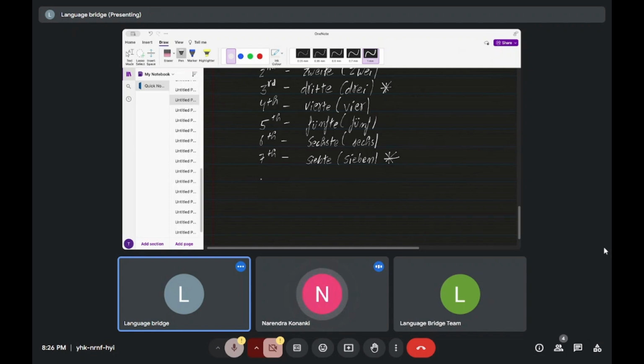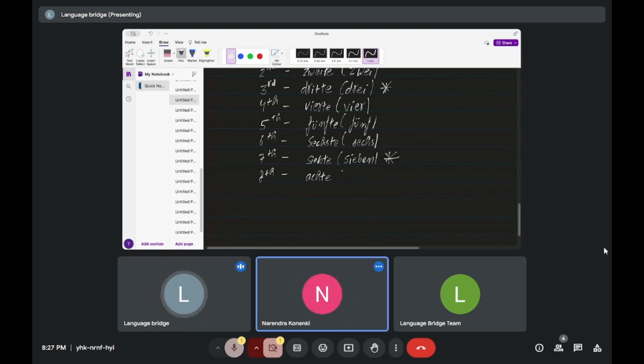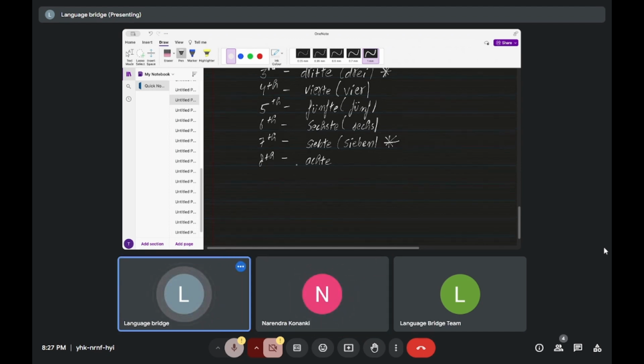And then eighth is achte. Do you think it is t or double t? Only a single t: achte, which means eight.